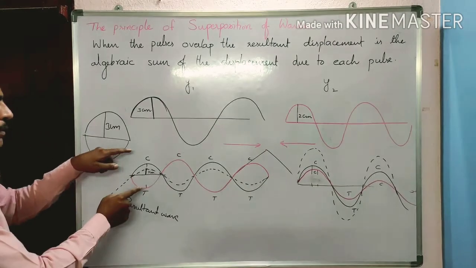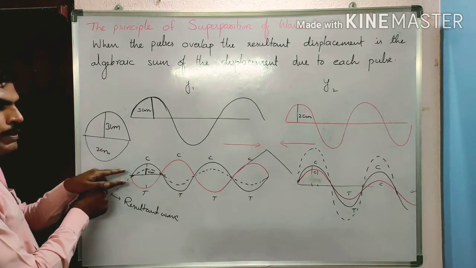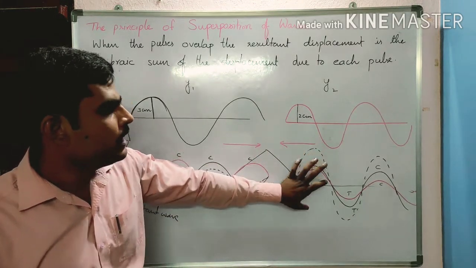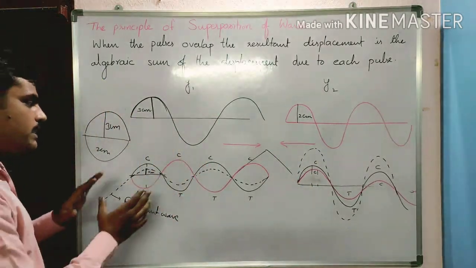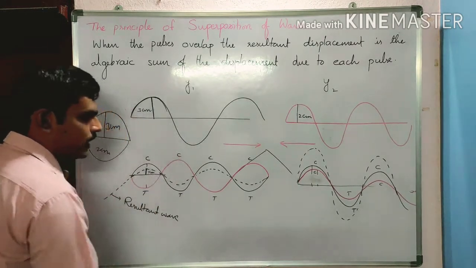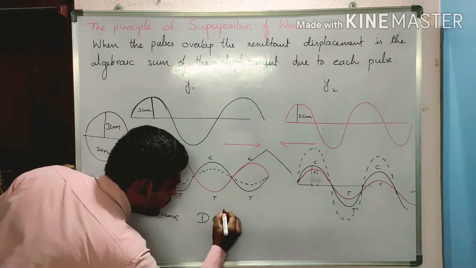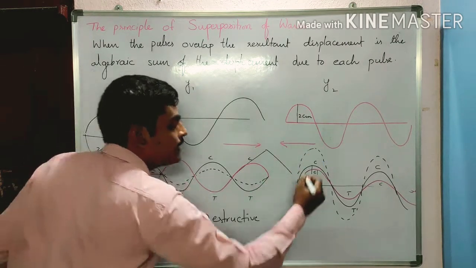In this type of overlapping, the resultant wave's displacement is less. In this type of overlapping, the resultant wave's displacement will be high. And this is called destructive interference or destructive overlapping. This is constructive.